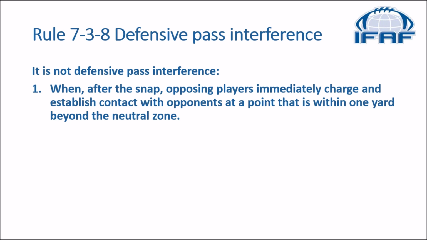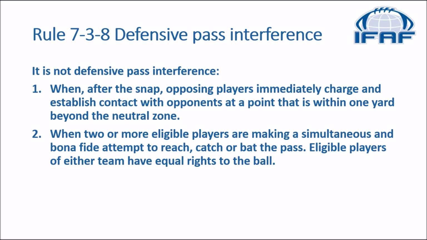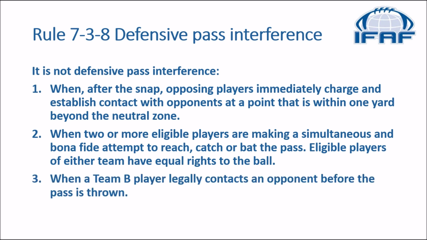1. When, after the snap, opposing players immediately charge and establish contact with opponents at a point that is within 1 yard beyond the neutral zone. 2. When 2 or more eligible players are making a simultaneous and bona fide attempt to reach, catch, or bat the pass. Eligible players of either team have equal rights to the ball. 3.